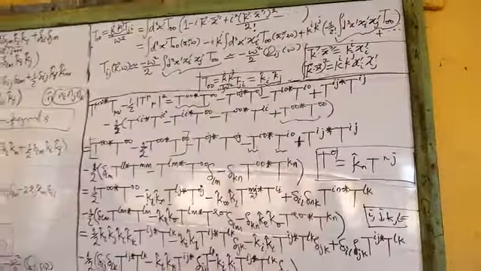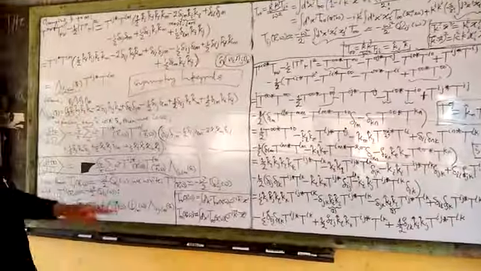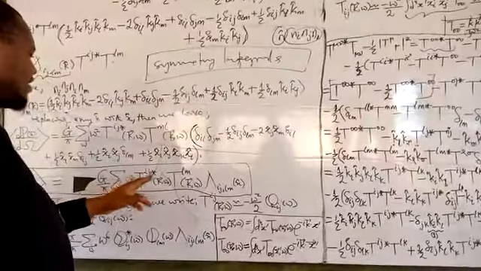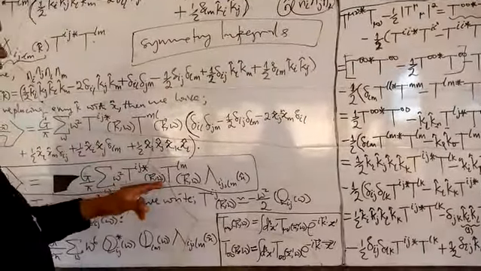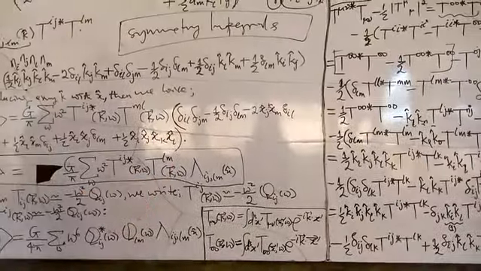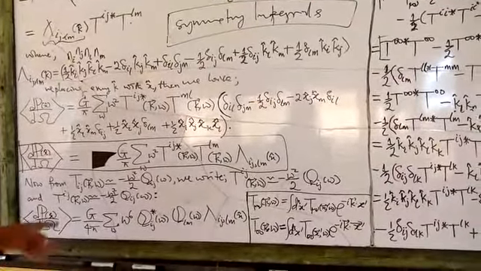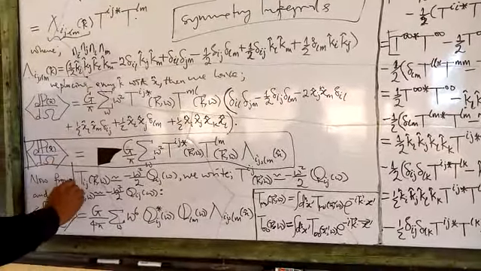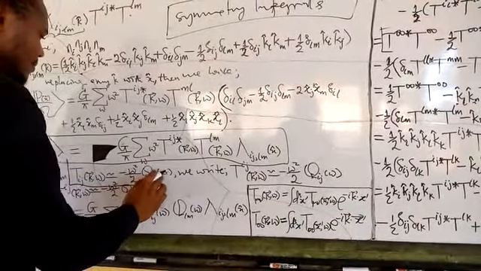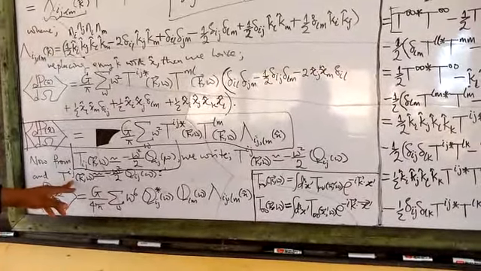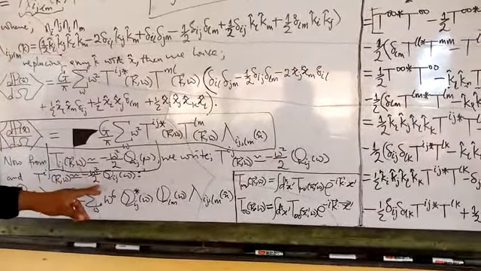Which brings me back here to this expression. In this expression, we can see that I have here T_ij conjugate of k comma omega, T_lm of k comma omega. These two I could simply put in the result that we obtained just now. It means I could write T_ij to be minus omega squared over 2 times the mass tensor.